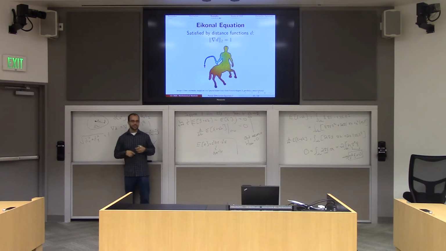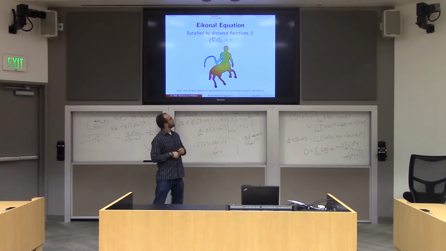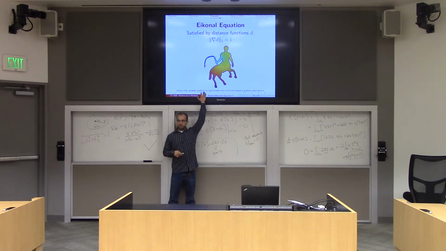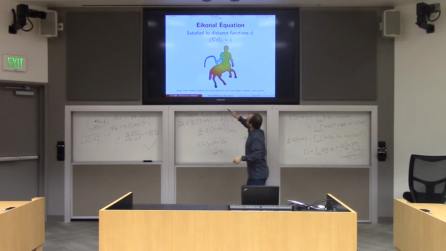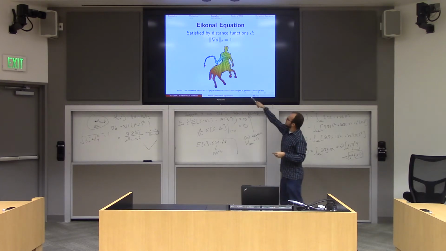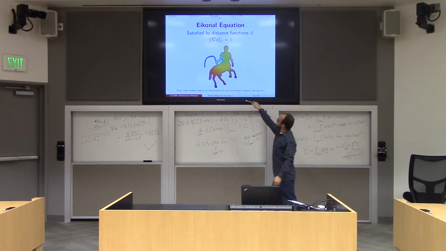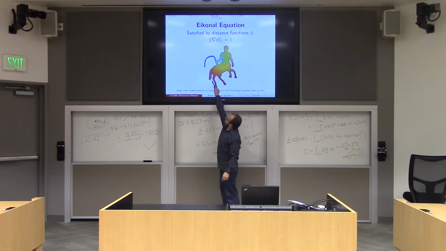But it's an equation that we wish to solve a lot, and in fact, there are very good stable numerical methods for solving it. You can see here that this gentleman has taken this unicorn, the whip, I don't know what it is, and computed distances from this red point here by solving the eikonal equation. And you can see that even though the tail is pretty close to the whip around the outside, because we were constrained to move along the interior, the distance is actually quite large.